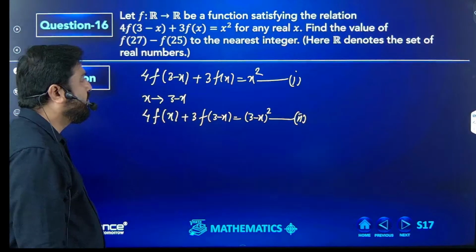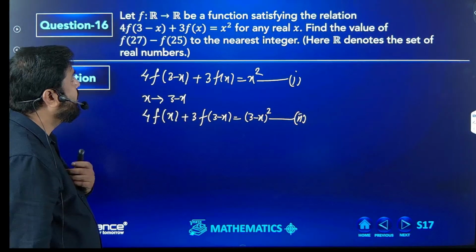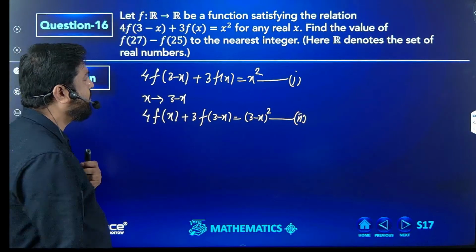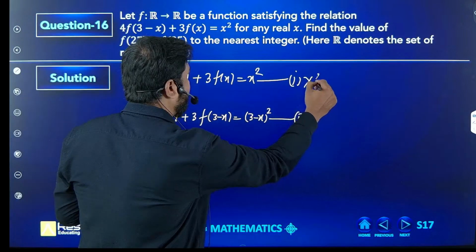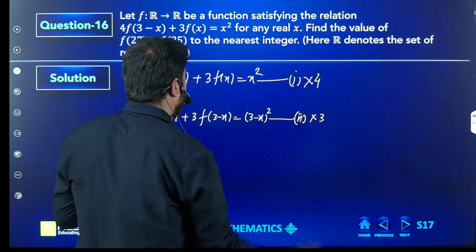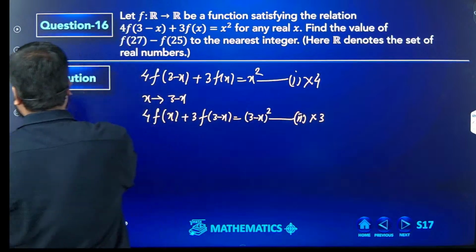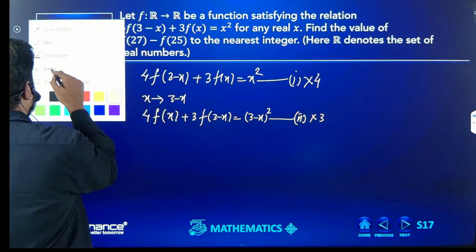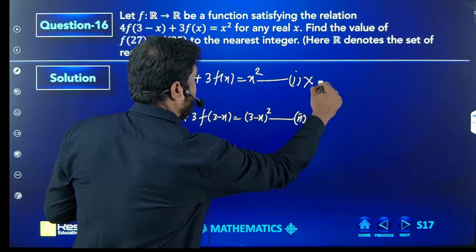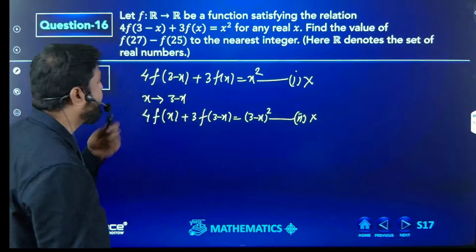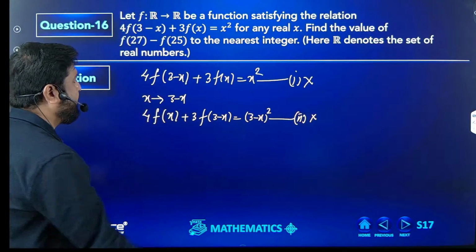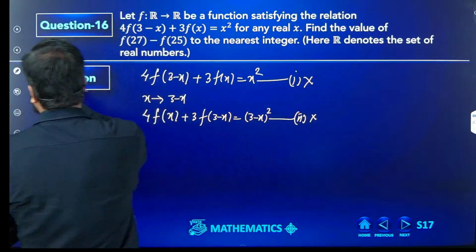Basically, in this question you find f(x). This equation is multiplied by 4, and this one is multiplied by 3. This one is 4 times this, and this one is 3 times.